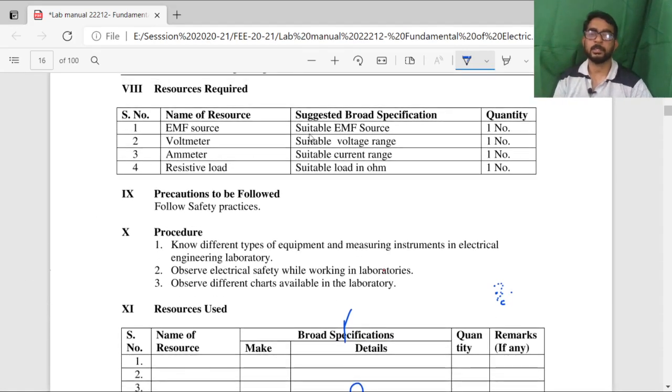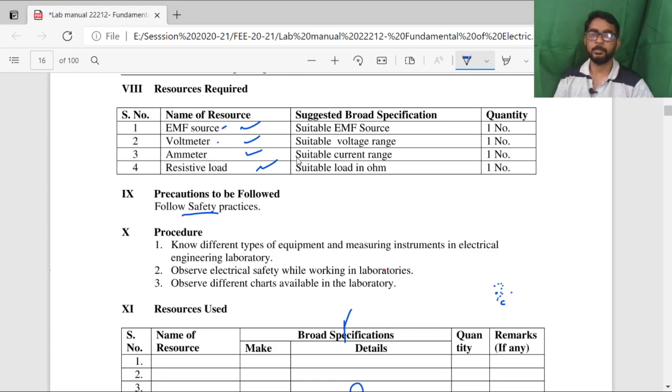Now, resources required. What resources will you require? One EMF source, one voltmeter, one ammeter of any suitable range, and one resistive load. Follow safe practices. Procedure: know the different types of equipment and measuring instruments. After handling the EMF source, every student will know how we can control the output voltage.